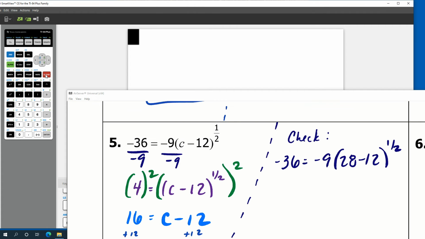So whenever you square both sides, it cancels it. Because like when it's a power raised to a power, you multiply and it just becomes 1, which you didn't need.